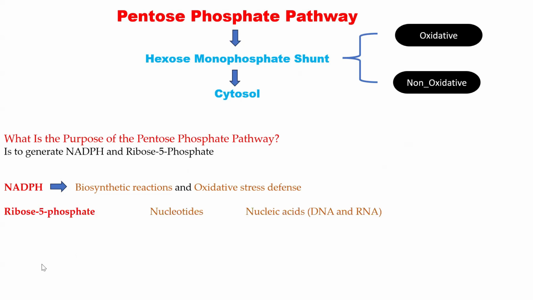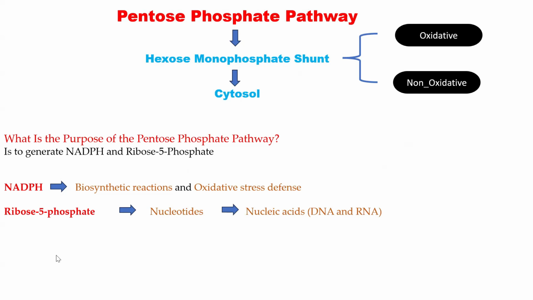And of course, ribose 5-phosphate is generated, which is one of the components of the nucleotides that are used in the synthesis of nucleic acids, which include DNA and RNA. So it means that in the pentose phosphate pathway, two major biomolecules are generated: NADPH and ribose 5-phosphate.